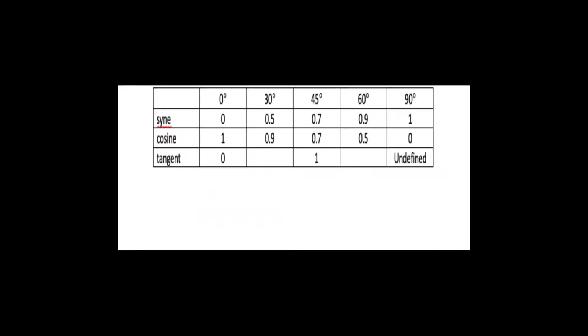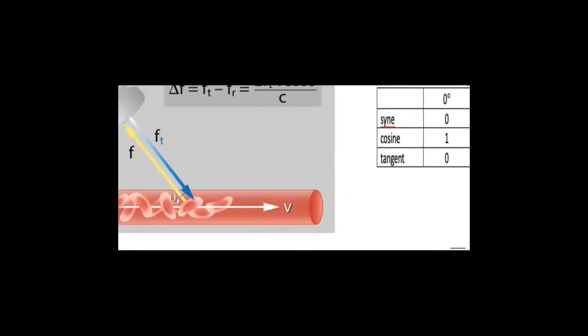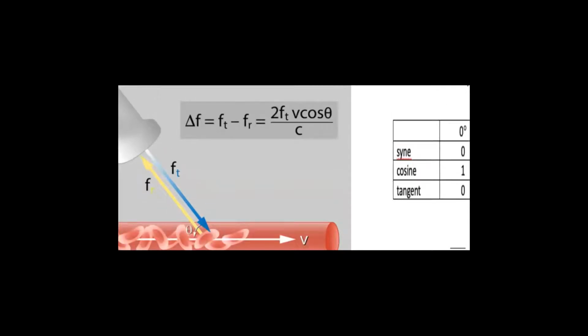Okay? What's the meaning of that in the Doppler shift equation? Meaning, if I need to achieve the highest value of cosine theta, which is 1, I have to have 0 angle. And if I have to achieve the lowest value of cosine theta, I have to be perpendicular. Because if I'm at 0 angle, I have cosine of 0, which is 1.